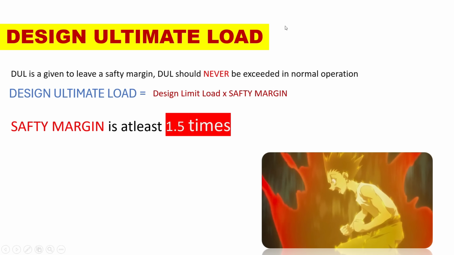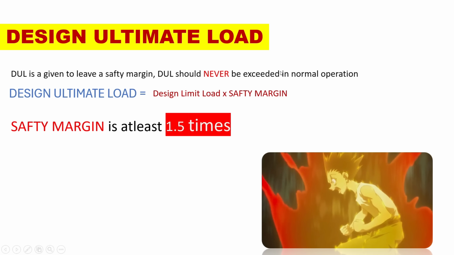So design ultimate load is design limit load multiplied by safety margin, and design ultimate load is what should never ever be exceeded in normal operation. So it can happen in abnormal operation in a very severe case, but it is something that should never be exceeded in normal operation.